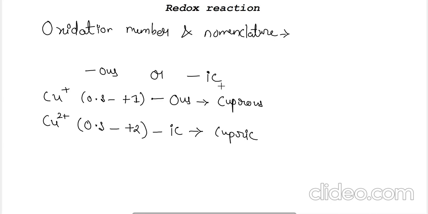Okay, so after some time, Albert Stock proposed a new system for naming using the oxidation state, and that naming system is termed the Stock system.